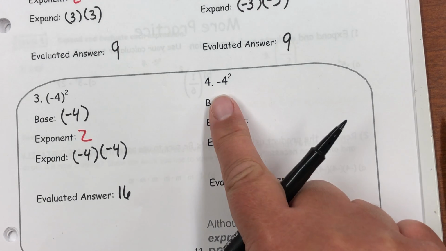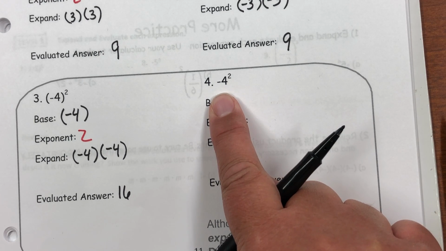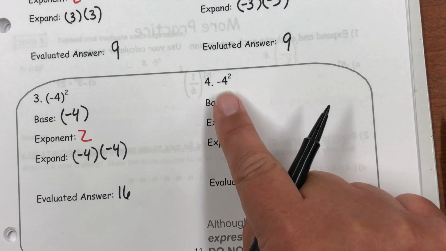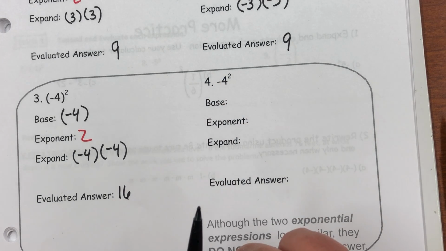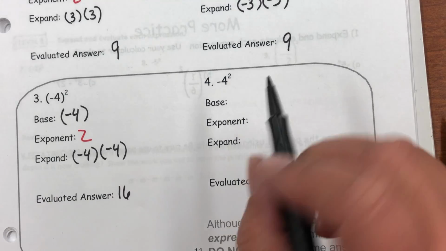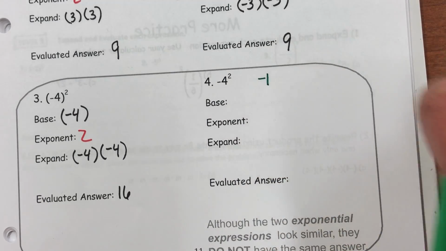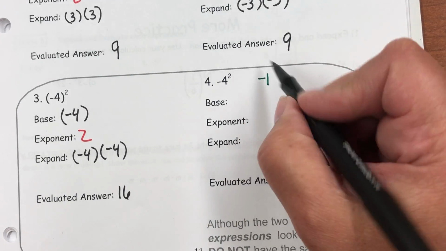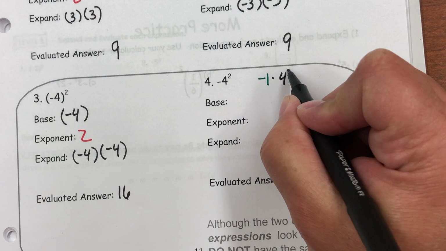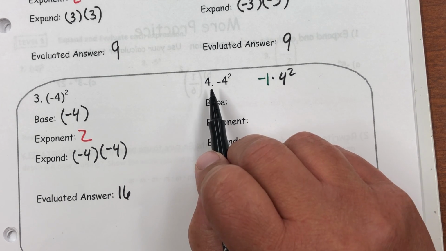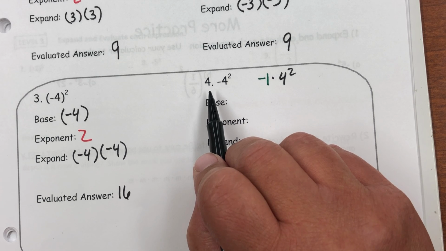But over here, that negative sign is not glued to that 4. What that negative sign is, it's actually kind of like -1 times 4 squared. That negative is almost like a coefficient.